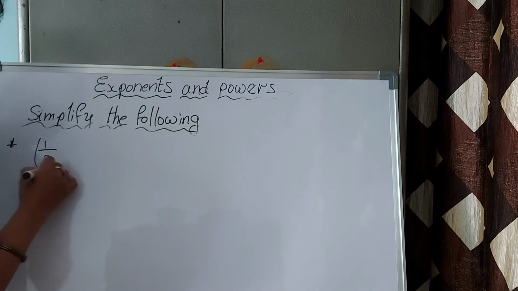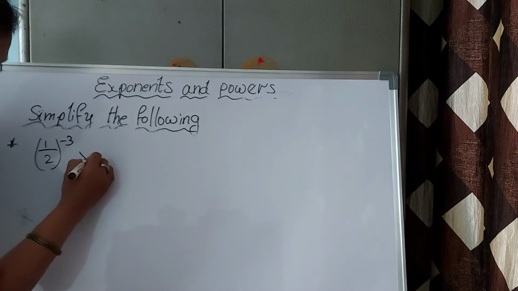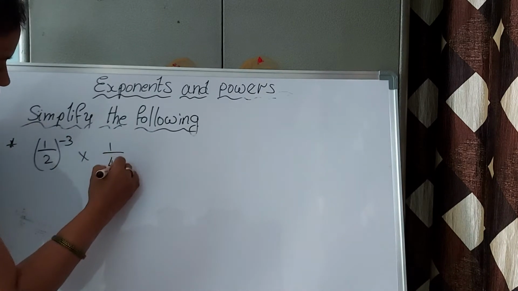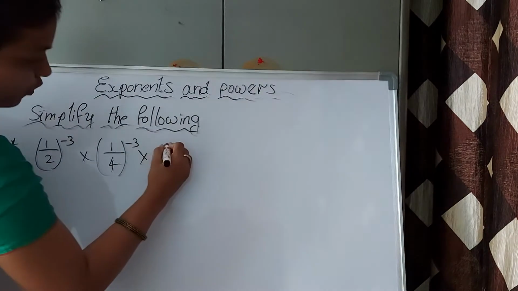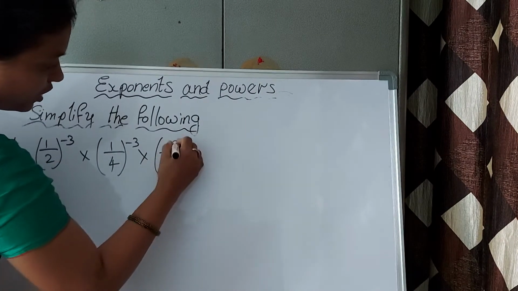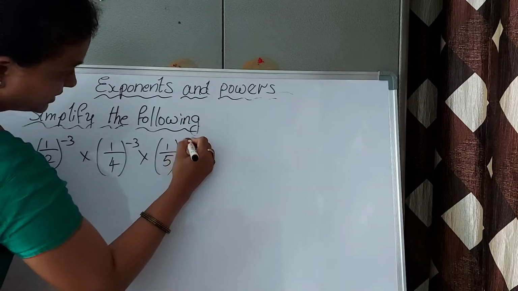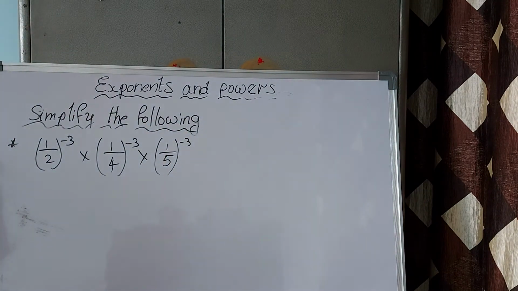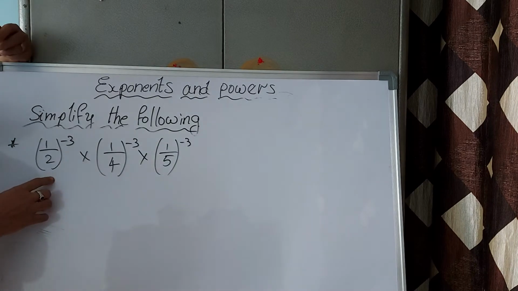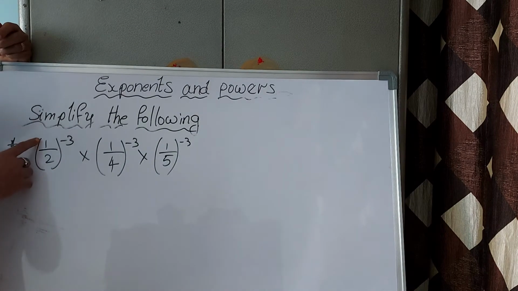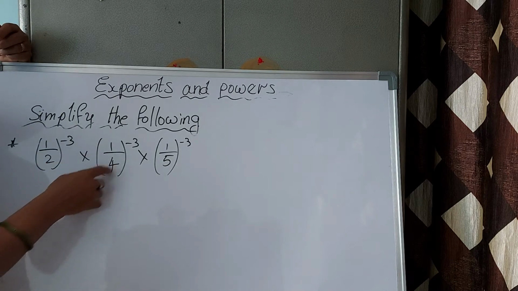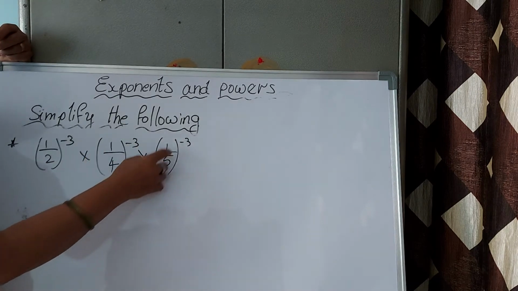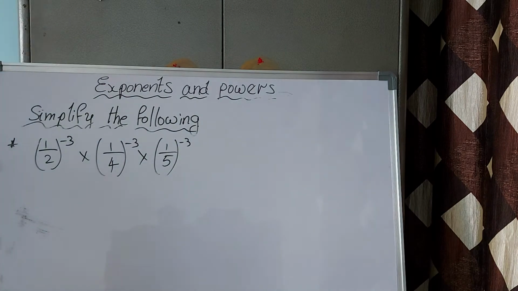1 by 2 whole power minus 3 into 1 by 4 whole power minus 3 into 1 by 5 whole power minus 3. See here, how can you write this one?